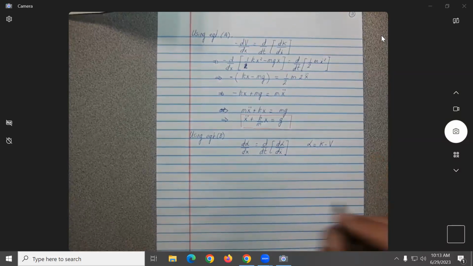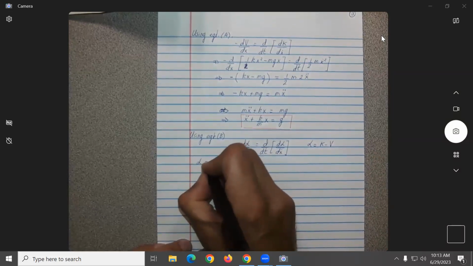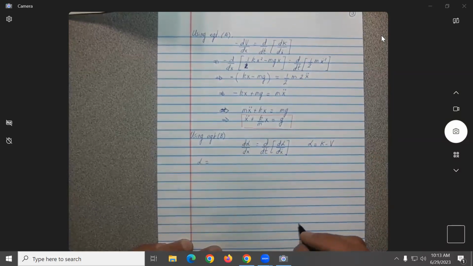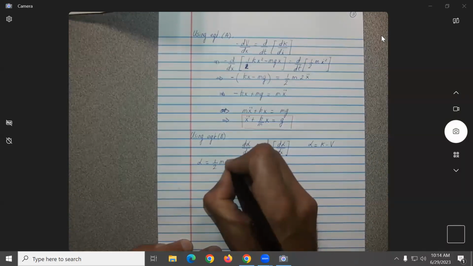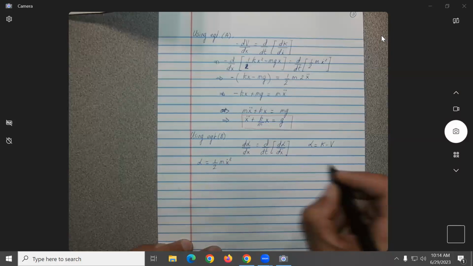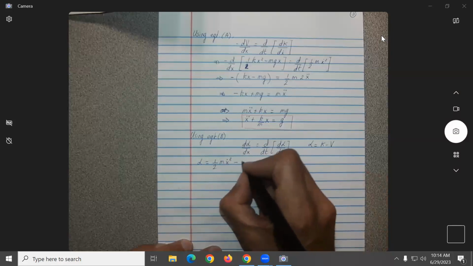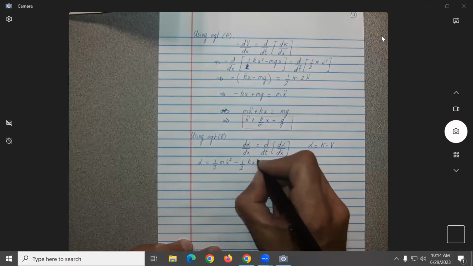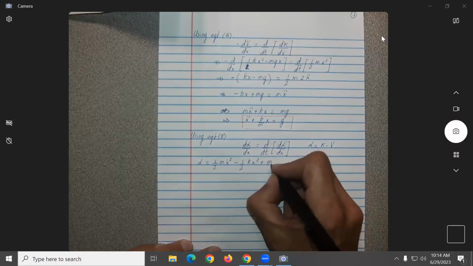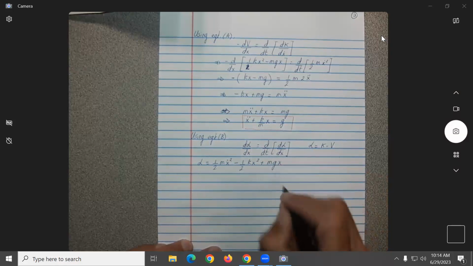So maybe let me save some time, okay? So L will be equal to 1/2 m x dot squared minus 1/2 kx squared plus mgx, no?